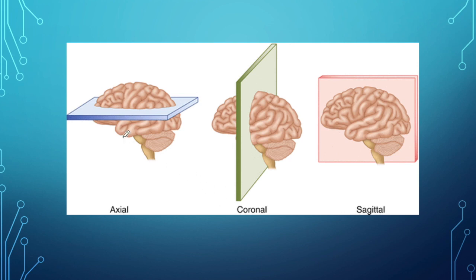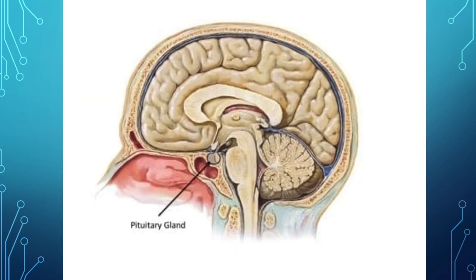So the first one over here is axial cuts, the cross-sectional view. This view in this plane is coronal cuts, because remember, they are aligned with the coronal suture. And finally the third one here is in sagittal cuts. You are seeing it from the side, and this runs along the sagittal suture.